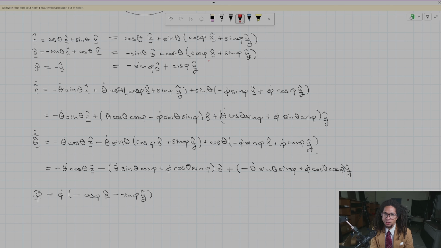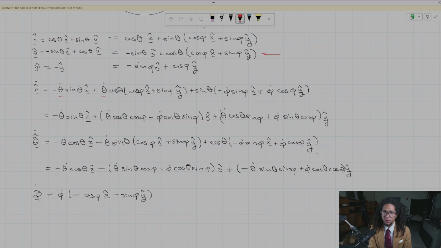So in particular, if I look at all my theta dot terms for r hat dot, do I see those reflected somewhere in the polar unit vectors? The answer is surprisingly yes, right here.